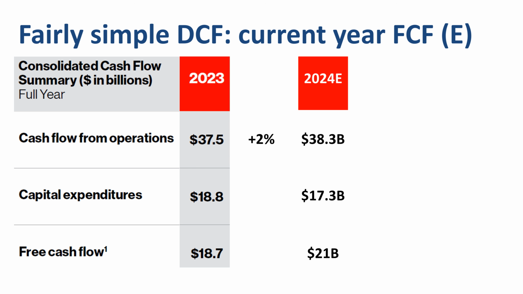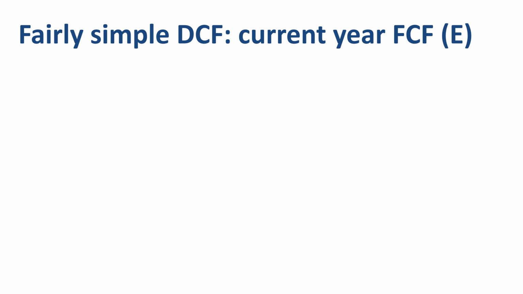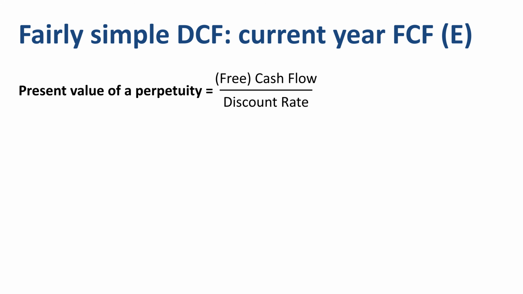Cash flow from operations slightly up and capital expenditures down would lead to free cash flow growing double digits, more than 10%. Plug this new free cash flow number into the present value of a perpetuity calculation. $21 billion divided by 0.07 is a potential enterprise value of $300 billion.